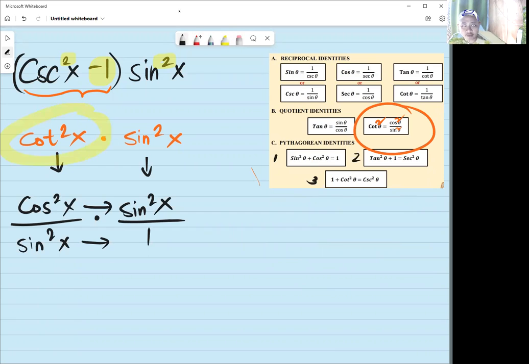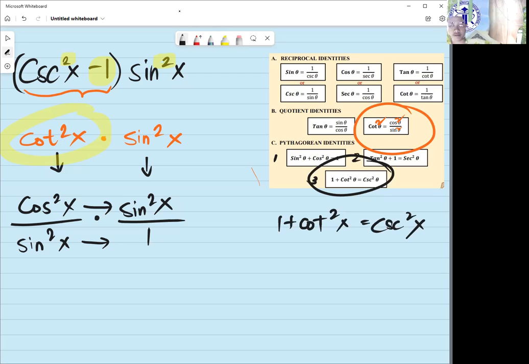Okay, so it's Pythagorean. It actually comes from this identity. So we have 1 plus cotangent squared x is equal to cosecant squared x. However, in our given, it is cosecant squared x minus 1. Our cosecant squared x here has no minus 1. So the best thing to do here, it's an equation.